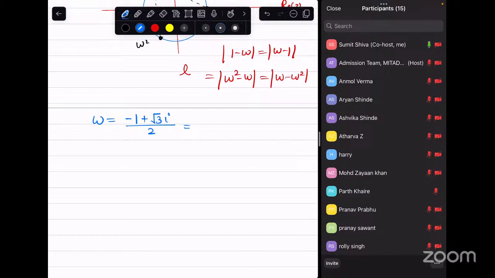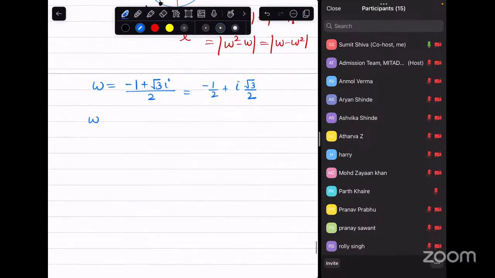And we will write it in this way because it will be far easier to solve. And then we have omega square. I already told you it is the conjugate. So the sign of iota will be changed and we will get the value of omega square.